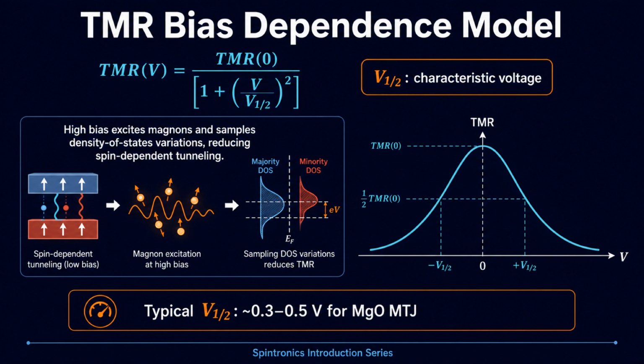The formula is TMR at bias V equals the zero bias TMR divided by 1 plus the square of V over V1 half. The characteristic voltage V1 half is typically 0.3 to 0.5 volts for magnesium oxide tunnel junctions. This decrease comes from magnon excitation and density of states effects at high voltage.